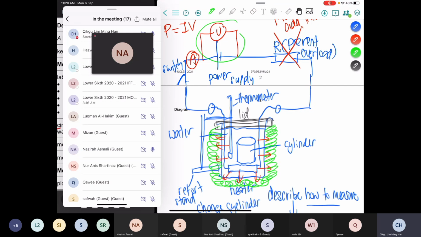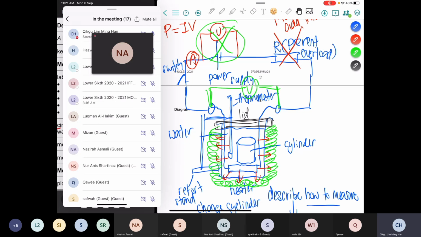So is this one the power supply? Oh yeah, so this one is wrong. It has to be here. Thank you, Nazira, for your info. So the V should be parallel to the heater. Alright, thank you.